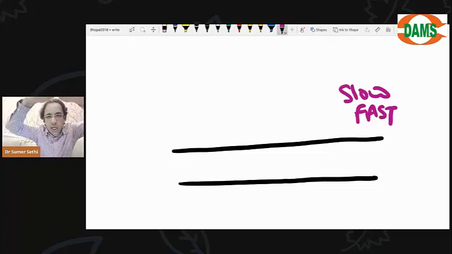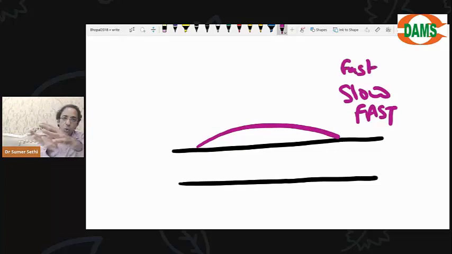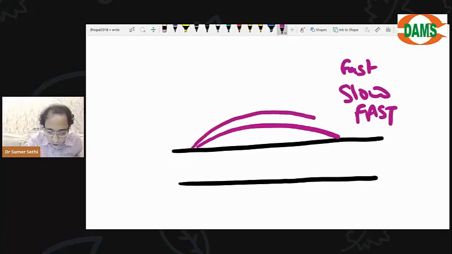Then suddenly it has a slow phase. Whenever you have a slow phase, the periosteum deposits mineral and a shell of mineral is deposited. Then after some time, it again starts to grow fast. Now again, it is growing, no time for periosteum to mineralize. Then grows slow, periosteum deposits a shell of mineral. Then again starts to grow fast, then again stops.